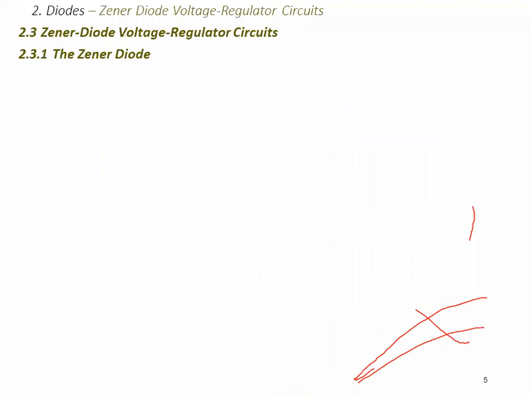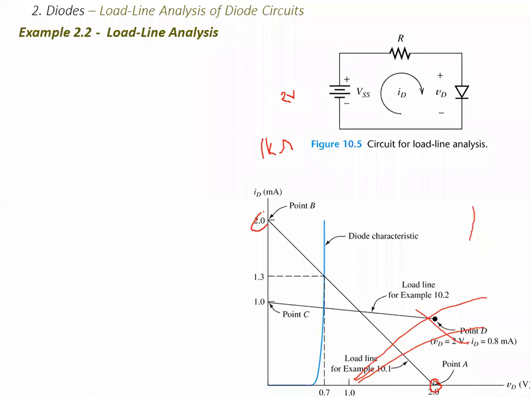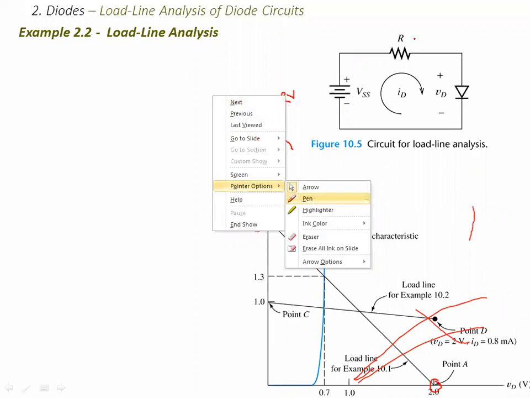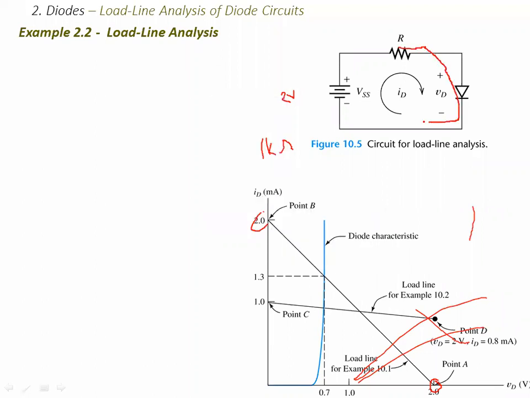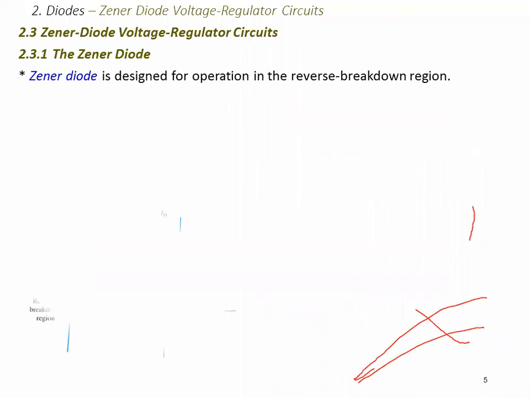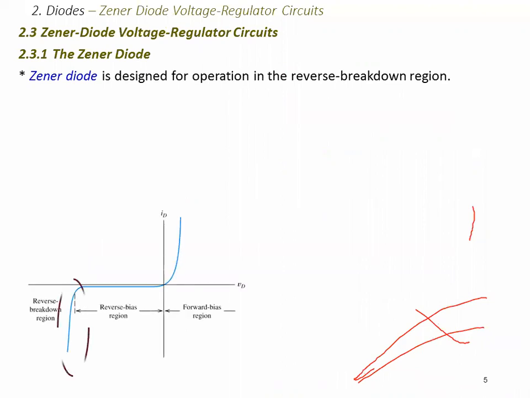Now, the diode that we are talking about here is a diode which will allow current to flow in one direction, just in its forward bias direction. But there is another type of diode which is called a Zener diode.